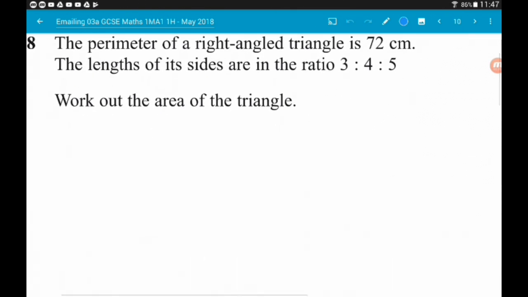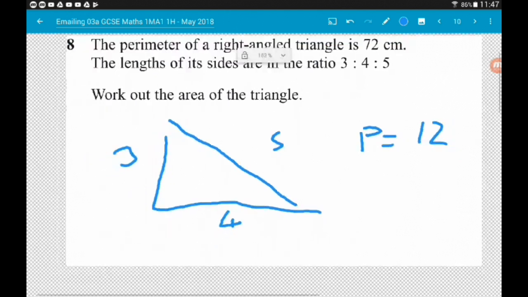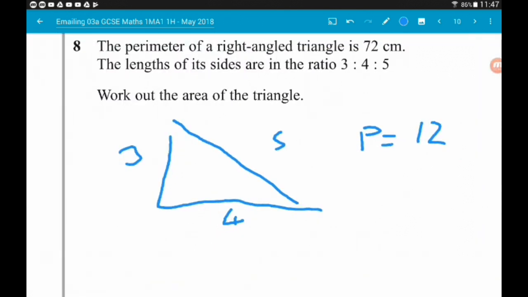If we had a triangle with side lengths of 3, 4, and 5, the perimeter would be 12, which isn't big enough. So we want the perimeter to be 72. So we want to work out what we need to enlarge this shape by, what scale factor, to get a perimeter of 72.